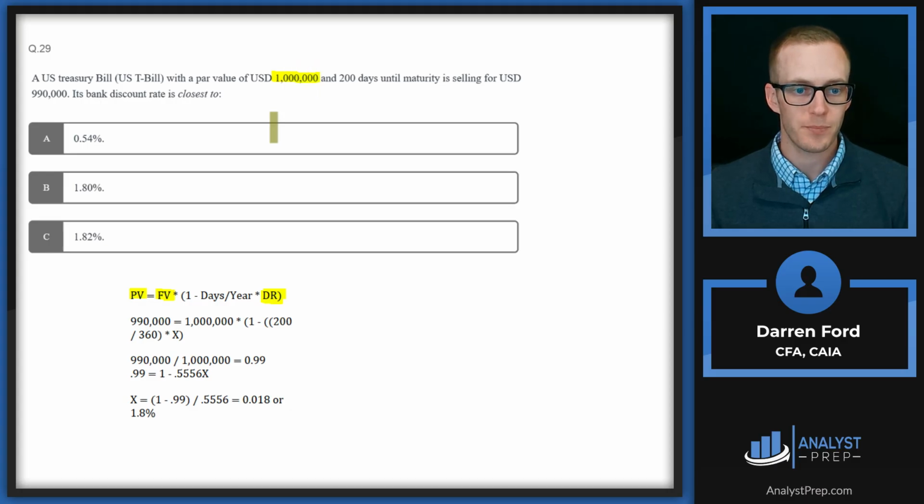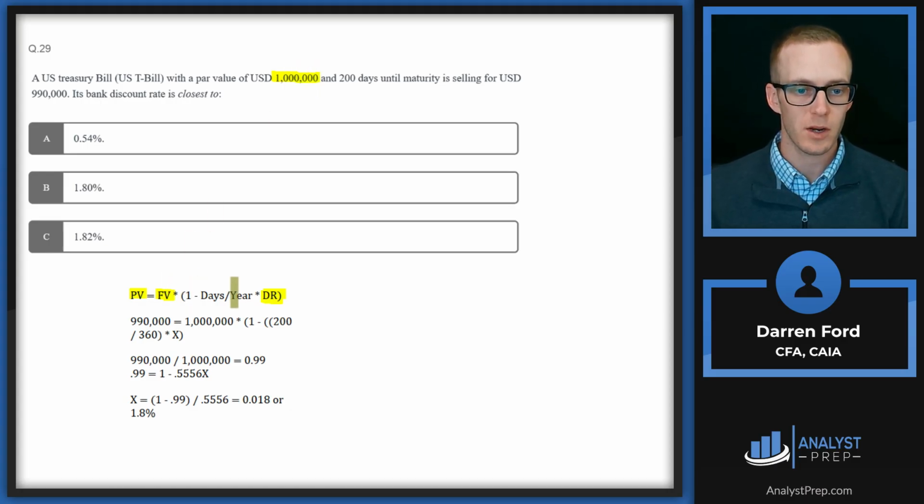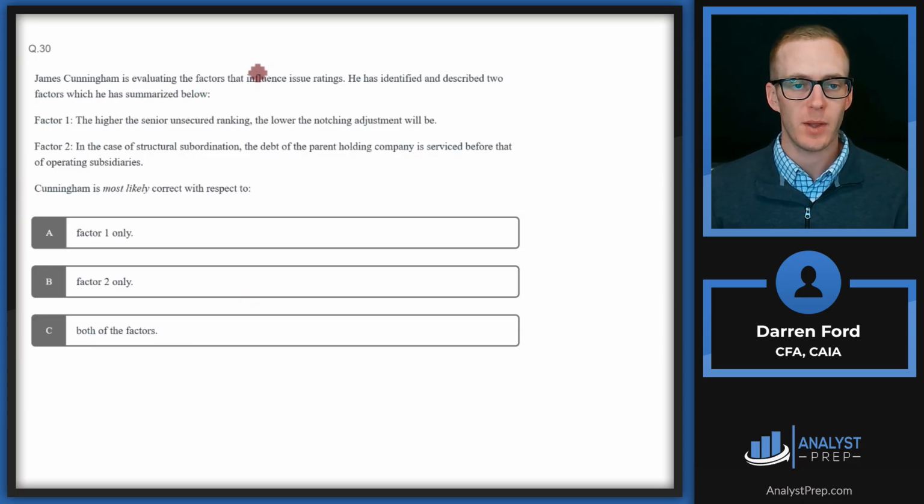So that'll be 1 million. And then we're going to do 1 minus days divided by the year. So it's going to be 200, and we're using 360 for our year in this case. And then we're multiplying that by X. So we work through that algebra, and going through each of those steps is going to get us to a discount rate of 1.8%. Answer B.